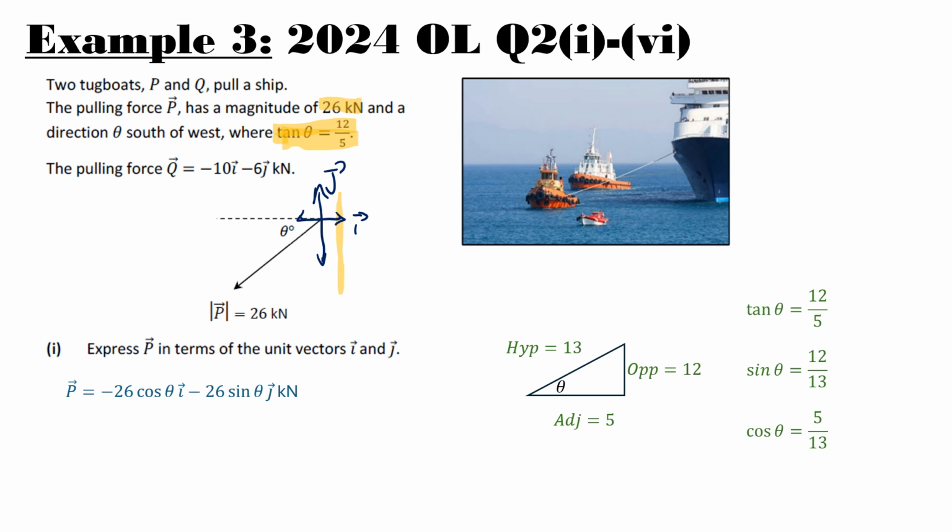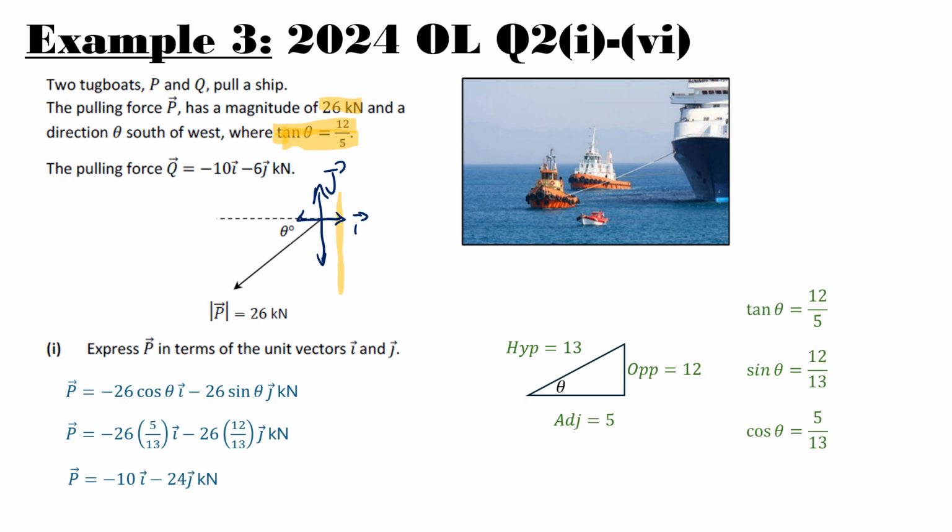Absolutely fine to work that through with Pythagoras, and eventually you may not need to draw these little right angle triangles at all. So that gives us the vector P is going to be 26 times 5 over 13 i minus 26 times 12 over 13 j. It's all kilonewtons. And our final answer for P is then minus 10i minus 24j kilonewtons.